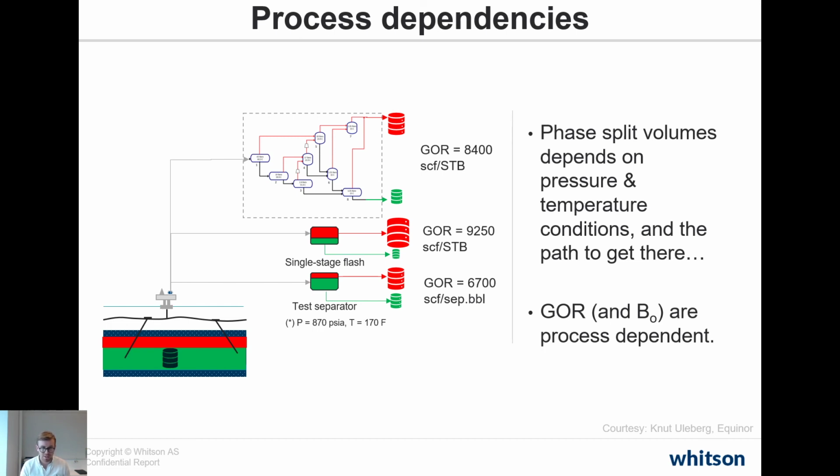Is that process consistent with the process in reality? When we talk about PVT properties internally, especially black oil PVT properties, we always group them together with the surface process because they are dependent on each other, and when one thing changes, the other changes. That's very important to note.